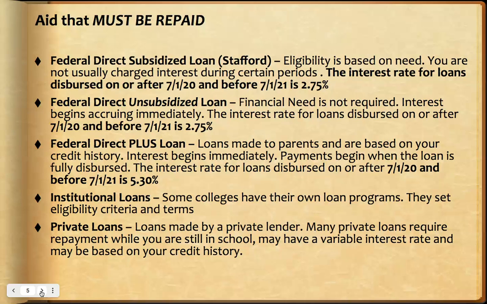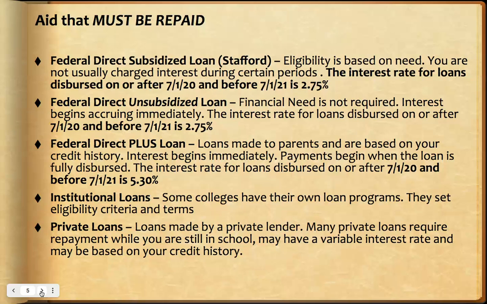Federal Direct Plus loans are loans made to parents for their students' education. They are based on credit. So if a parent doesn't have great credit, they can get a cosigner. Whether or not it's a better rate than what you could get, say, on a home equity line of credit or a personal loan is really going to depend on the family's financial situation.